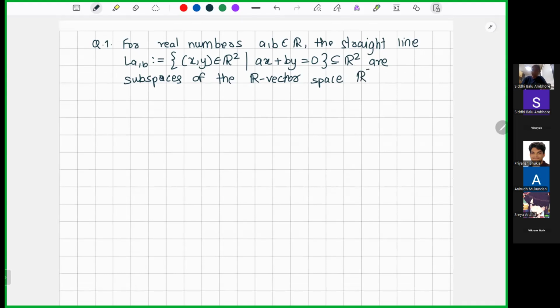Okay. So the question is, for real numbers a and b in R, the straight line denoted by L_AB, which is the collection of all the points (x, y) in R2 satisfying the equation ax plus by is equal to 0, are subspaces of R2.